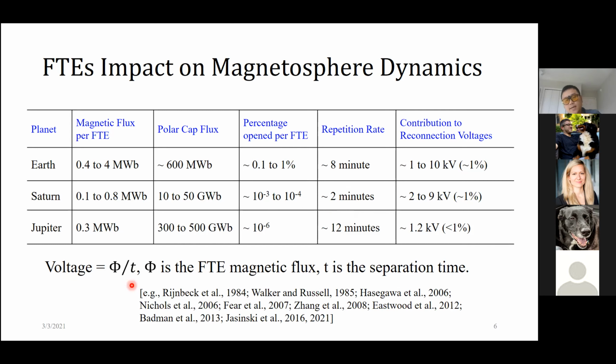So we can get a value of between 1 to 10 kilovolts. That is very small compared to the cross magnetospheric potential at Earth, at Jupiter, and Saturn.